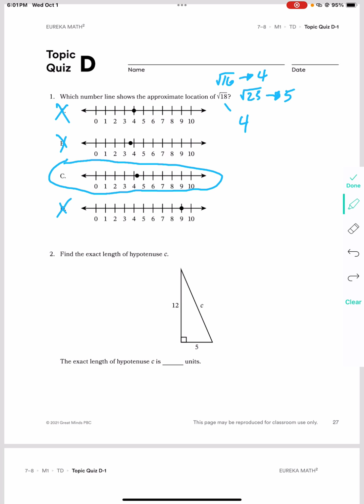Now, in order to know what number it would be closer to, it's a very simple thing. You see what number 18 is closer to. Is 18 closer to 16, or is 18 closer to 25? Obviously, 18 is closer to 16, which means that the square root of 18 should be closer to 4. All right, which is why in the answer choice which is correct, which is C, you see that the dot is very close to 4.